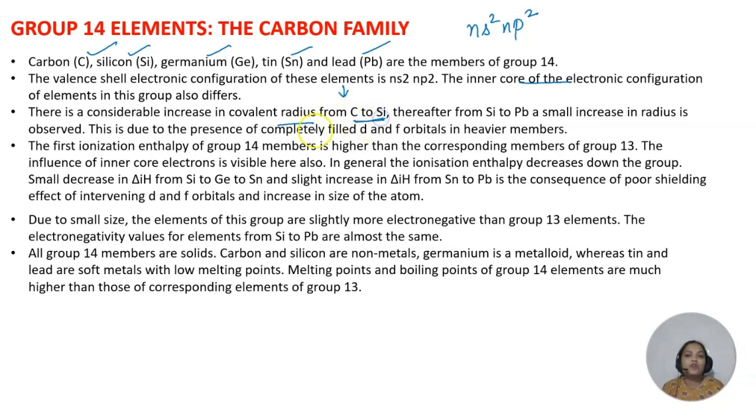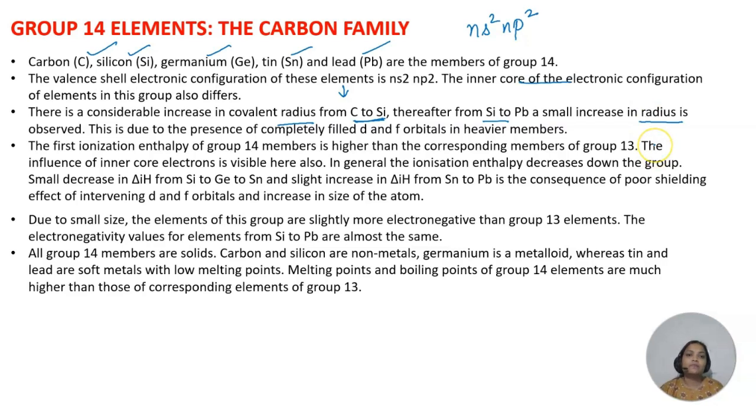So the increase from carbon to silicon should be there. Then from silicon to lead, only a small increase is observed. Why? Because completely filled d and f orbitals are present in the heavier members. They show poor shielding effect, so more nuclear charge; although the size is increasing, it is only by a little amount.